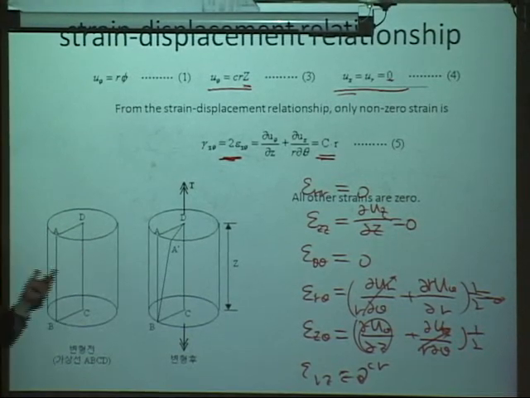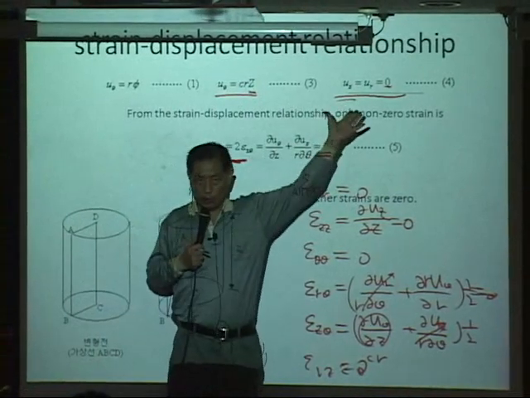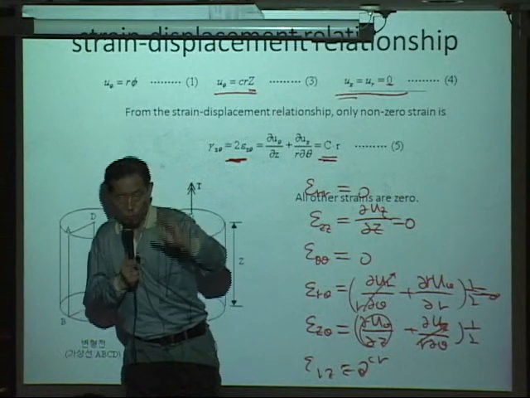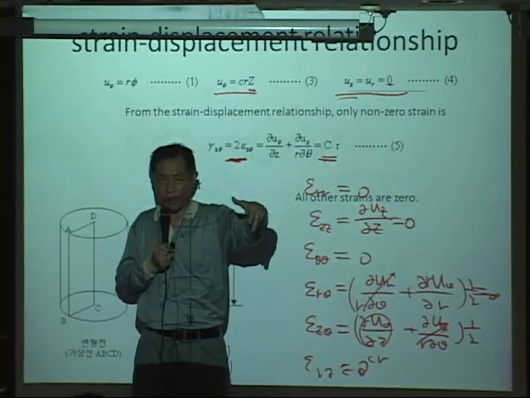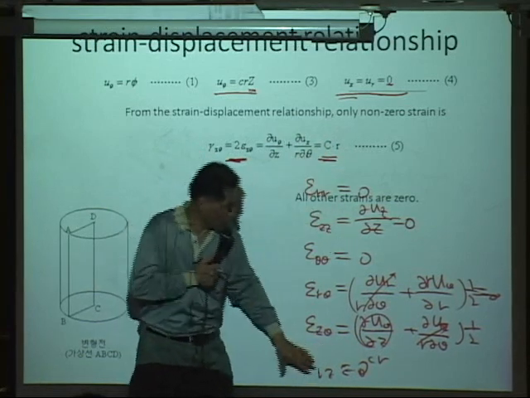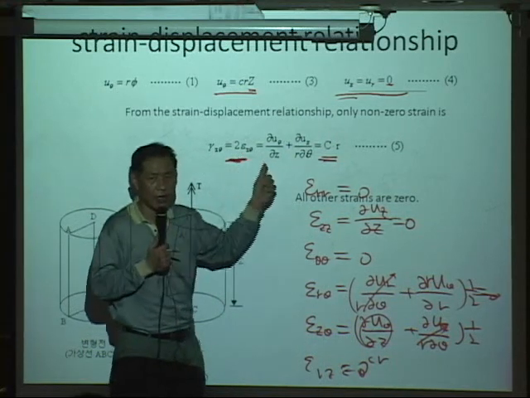So the conclusion is that this is the displacement. You know, that shaft and the line is moving like that. These are the equations representing that deformation field. And this is the strain. All zeros, the only non-zero is epsilon z theta.